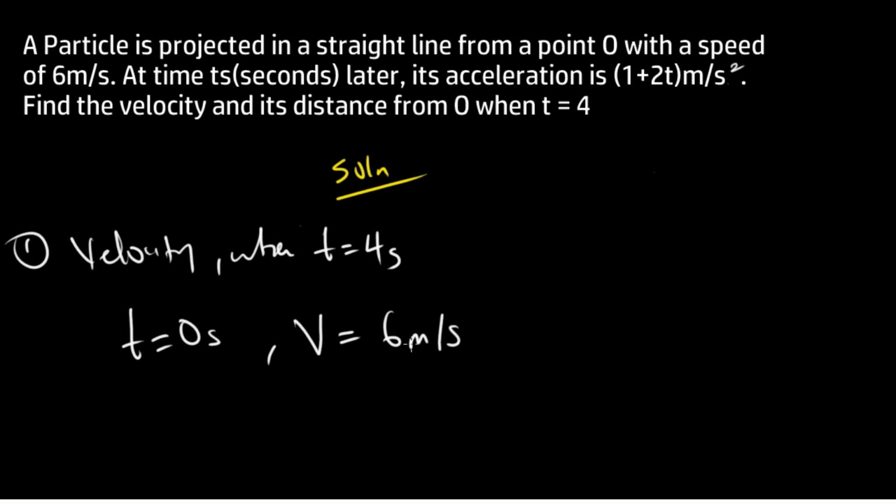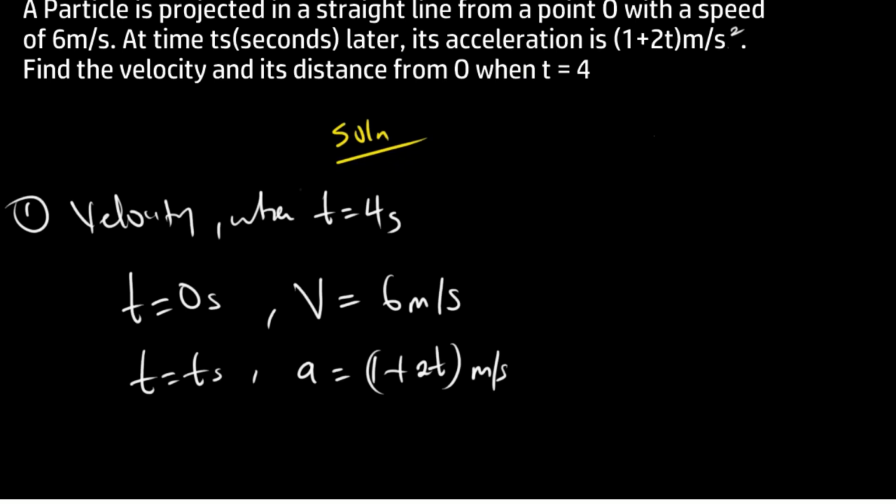You take note of all these facts in the question, and at time t seconds later, its acceleration is 1 plus 2t meters per second squared. So when t equal to t seconds, we have the acceleration equal to 1 plus 2t. Now I'm to find the value for the velocity when t equal to 4 seconds.